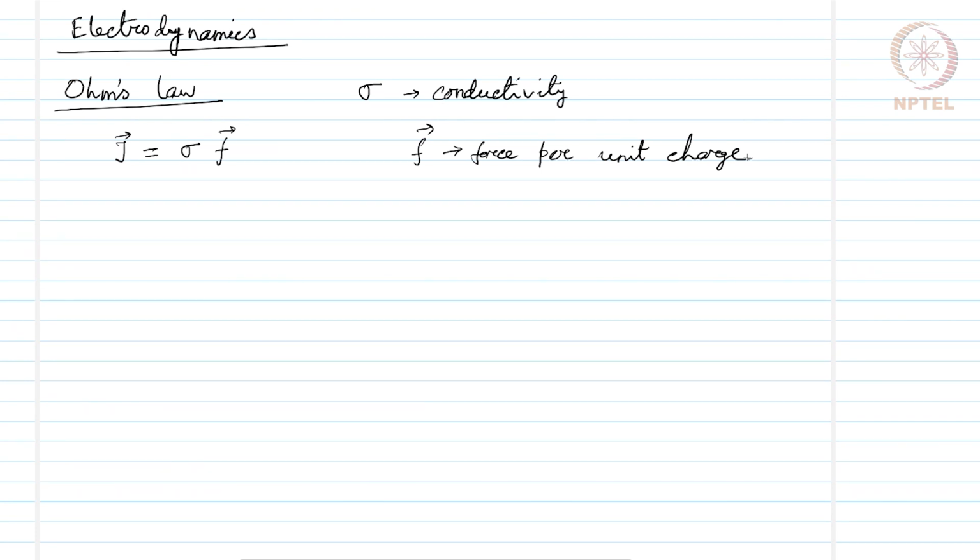And this is the current. The force per unit charge can be given as electric field plus V cross B, if V is the velocity of the charge and B is the magnetic field to which it is subjected. And then the current density can be written as the conductivity times this.